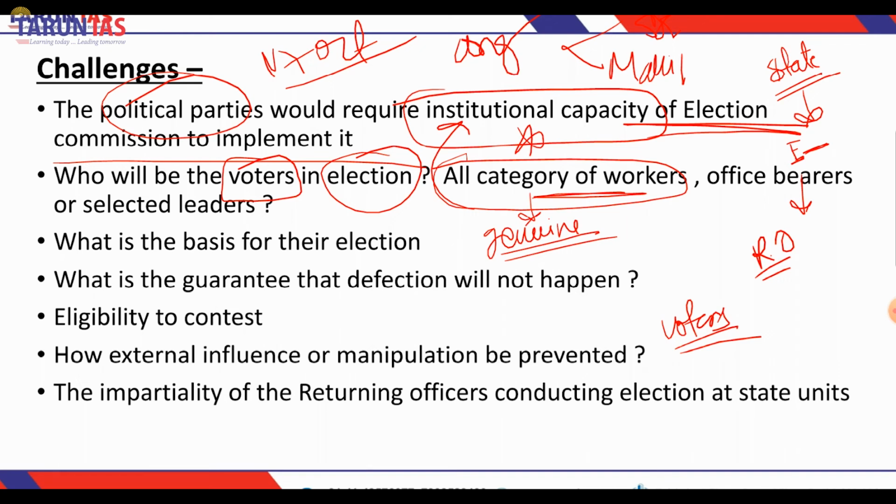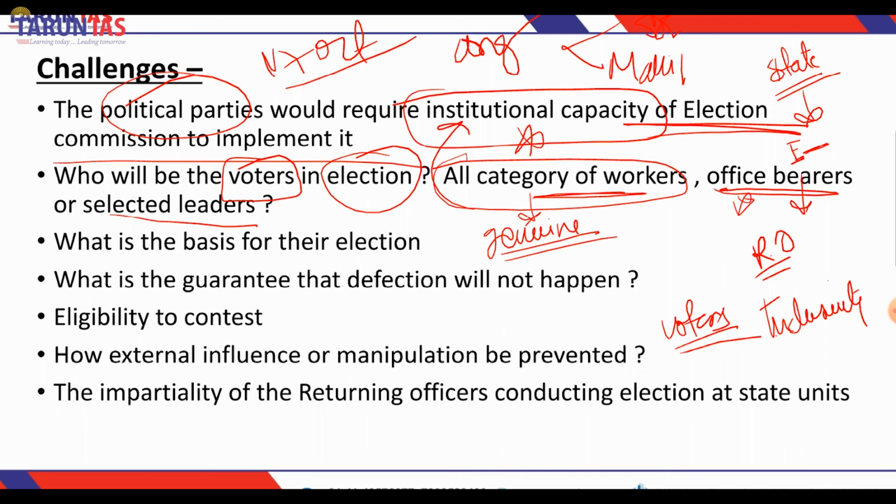The second point is whether only office bearers or selected leaders would be voting. If so, there is no point in having inner party democracy, because that would lack inclusivity.